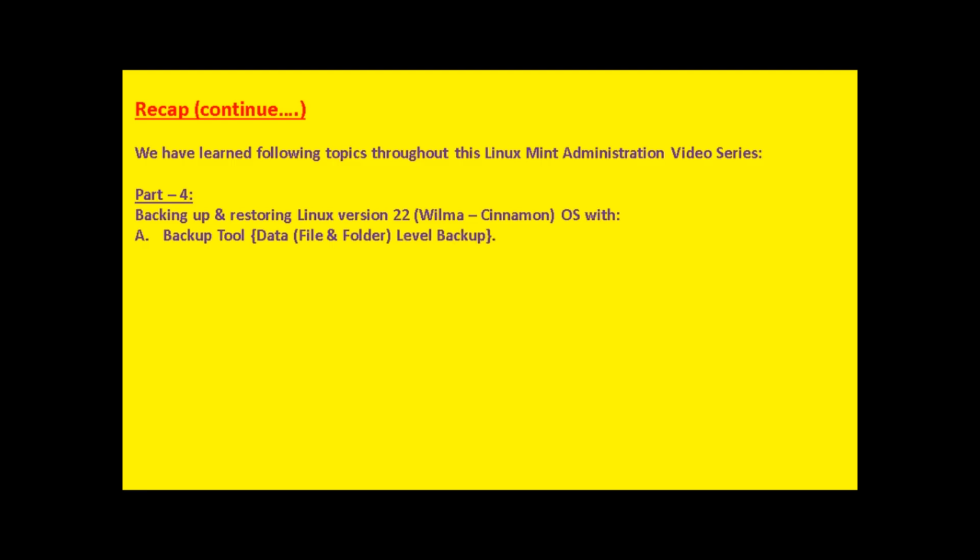That means files and folders we can back up and restore. And the second level is snapshot level. Snapshot level contains your data as well as your system level backup. Suppose your system files got corrupted, or anything goes wrong with your OS, you can always come back to your snapshot version, the last good snapshot.